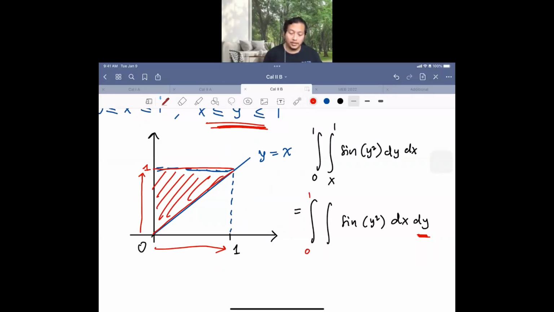And how about the x? The x will start from 0, and go into y.